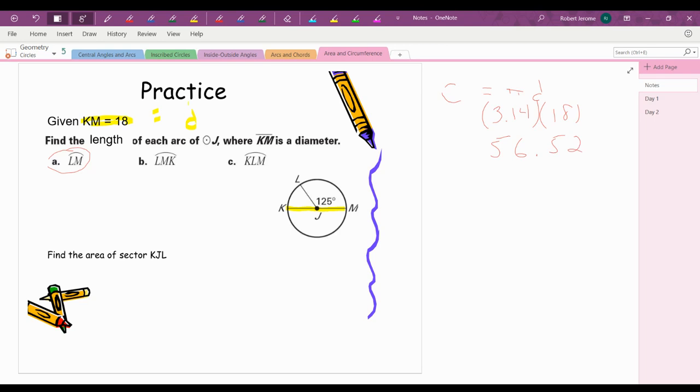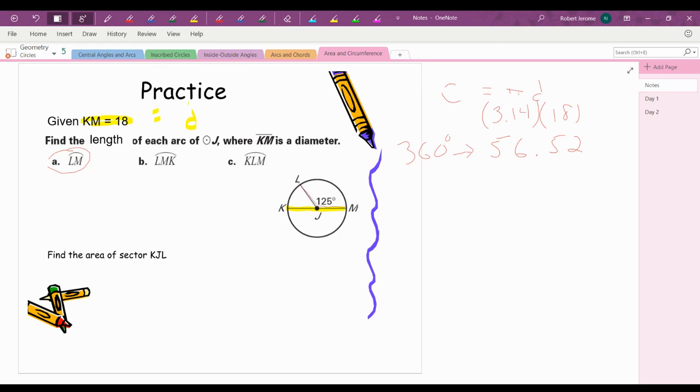That is the whole circumference. So that is 360 degrees all the way around. But in this question, we're only going from L to M. So arc LM, let's go to the picture.